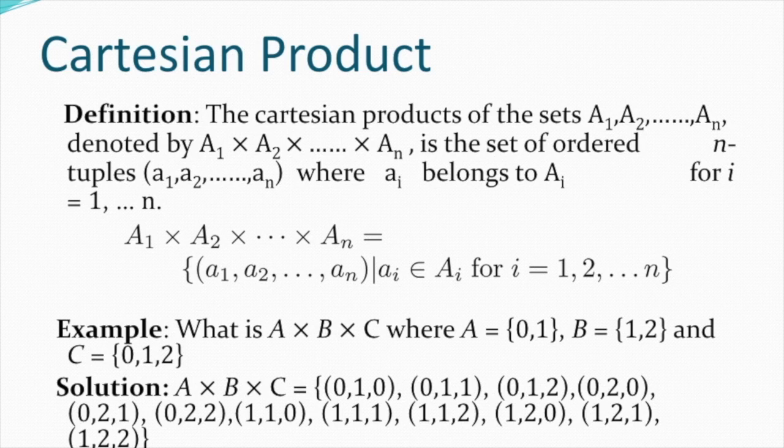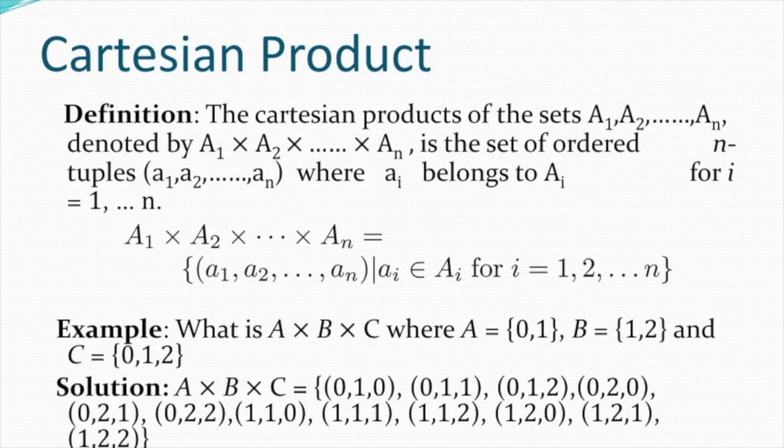So let me explain the example first, then we'll go back to the actual definition. If you have A multiplied by B multiplied by C, where A is {0, 1}, B is {1, 2}, and C is {0, 1, 2}. Now take every element from every set and just blend them with each other.